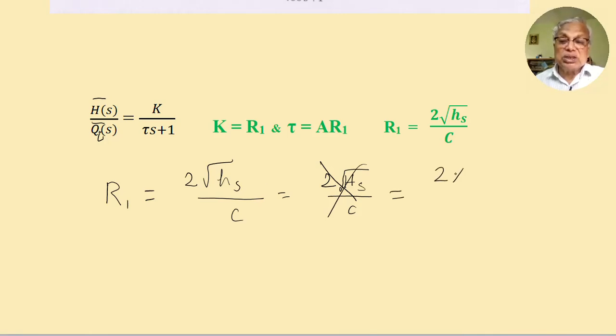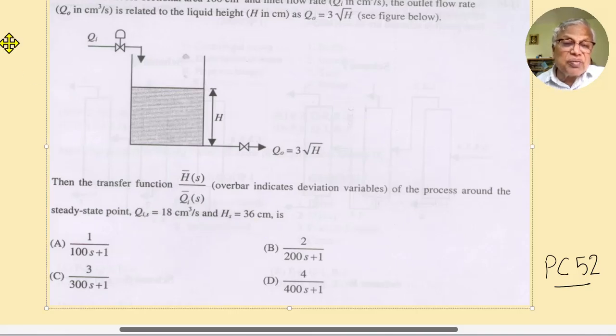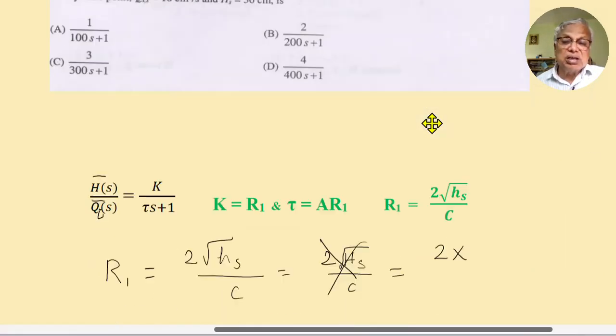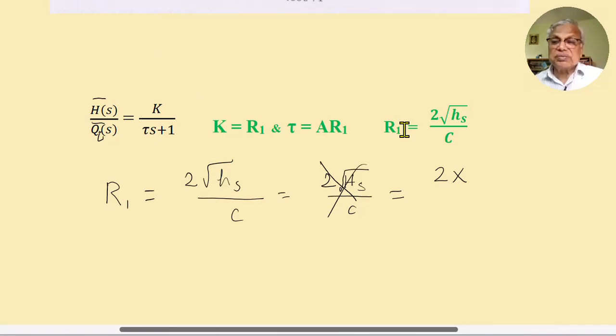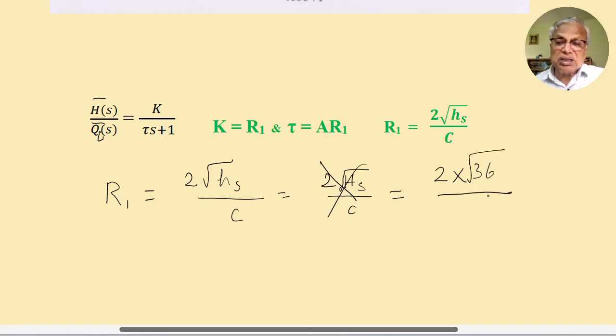So HS is how much? What is the steady state height? The steady state height is given here as 36 centimeter, right? So HS is 36. Root of that by C. C is given as 3, I think.